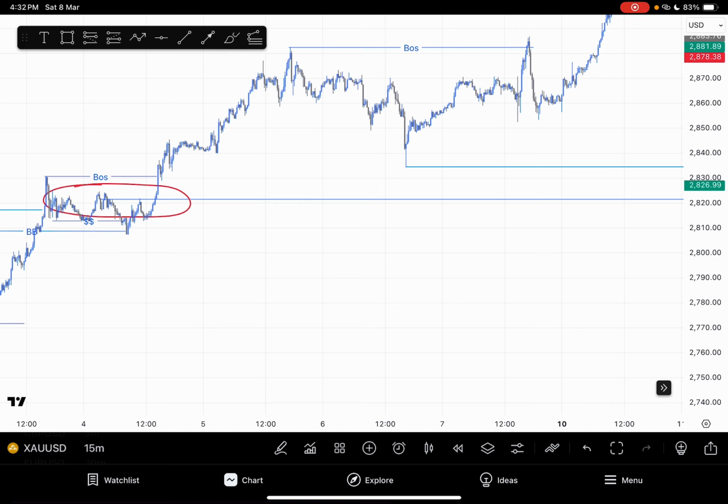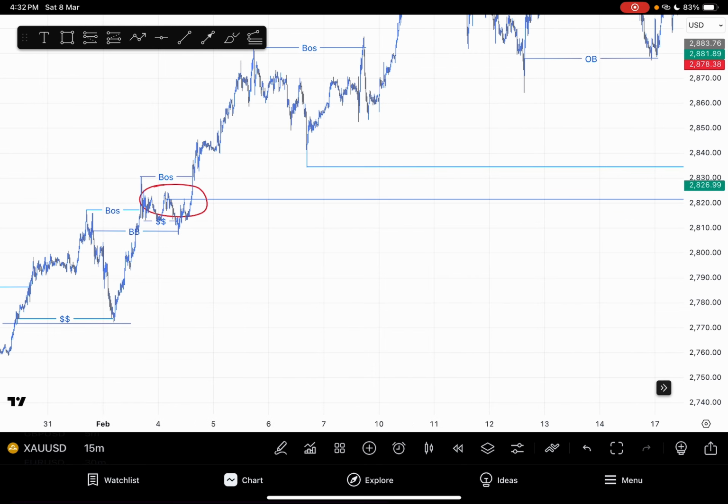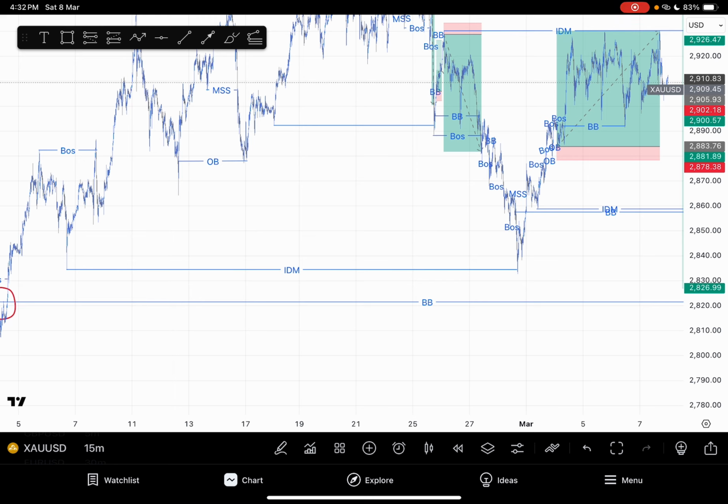In my previous videos, I already talked about this point here. So we all know that point is not mitigated, or price hasn't tapped on that point yet. So it's still valid, and price has been moving just like that.